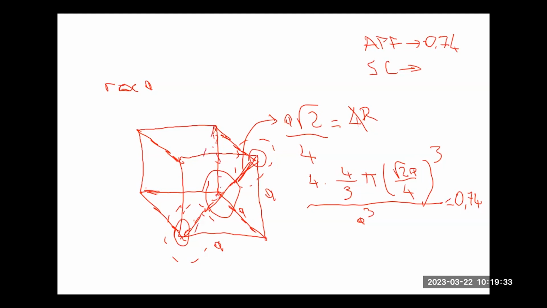So let me use a different color. This part is a square root of 2, right? And we have another a here. And the total diagonal of the unit cell is nothing but a square root of 3.